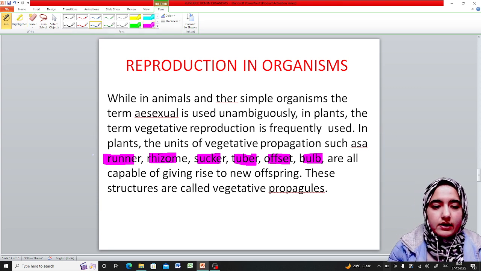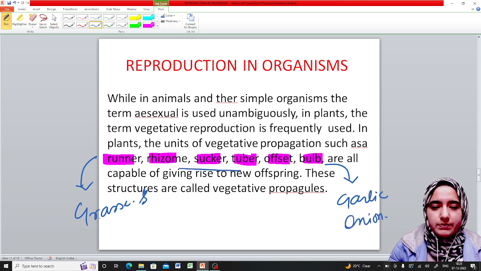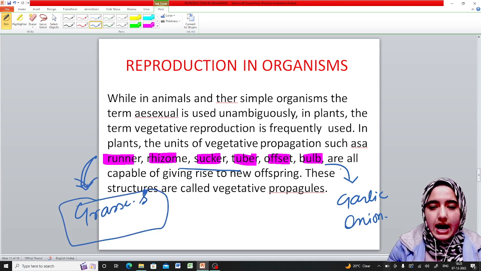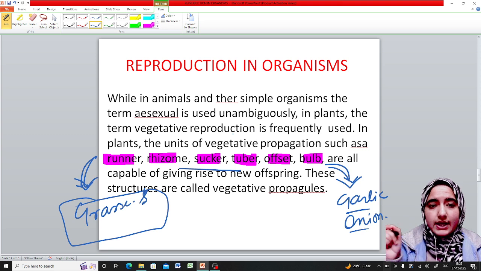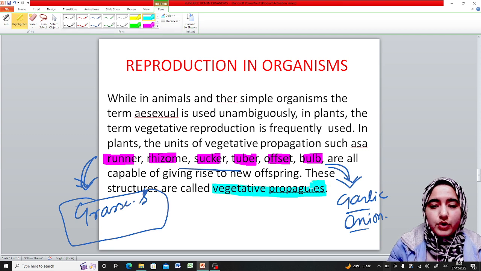Runner is present in grasses. Bulbs are present in garlic and onion. We will discuss all of them in upcoming sessions, but please remember these two examples. The structures through which new organisms arise are known as vegetative propagules.